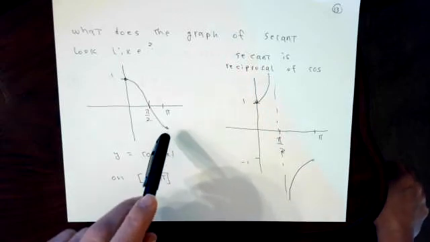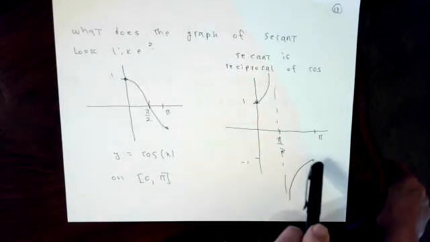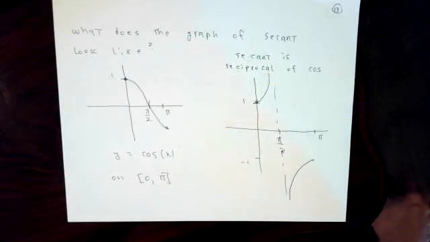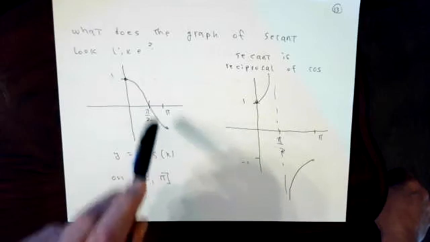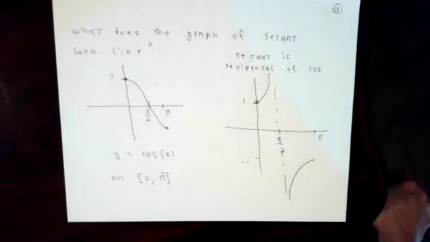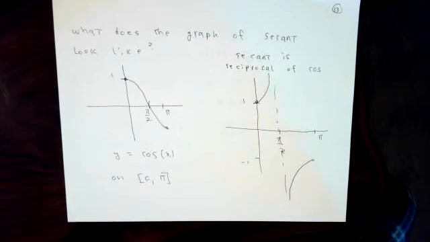At the other end, when x is pi, cosine of that's -1. The reciprocal of that is -1 again. If your angle is just a little bit bigger than pi over 2, the cosine will be close to 0, but it'll be negative.